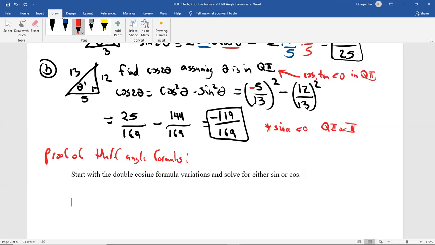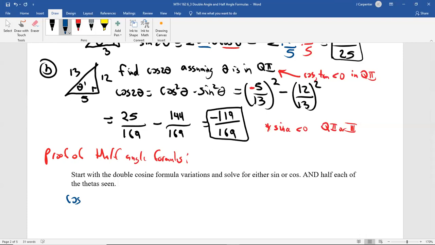So for the first one we'll do, we're going to take cosine, and also you're going to half each of the thetas seen.